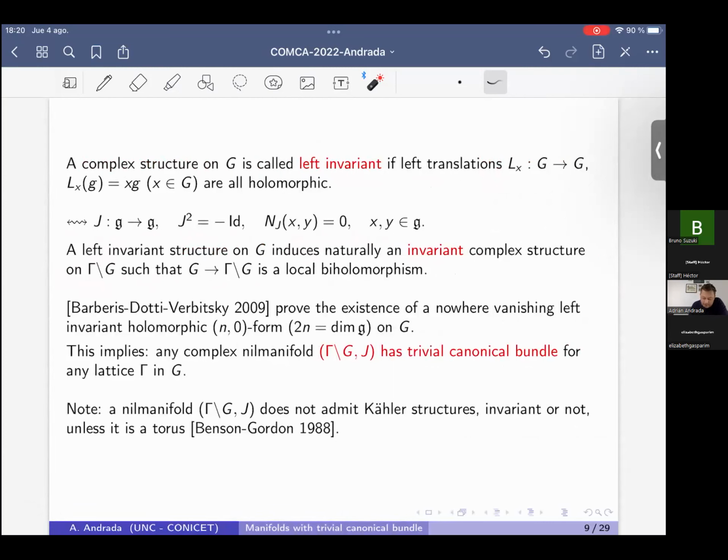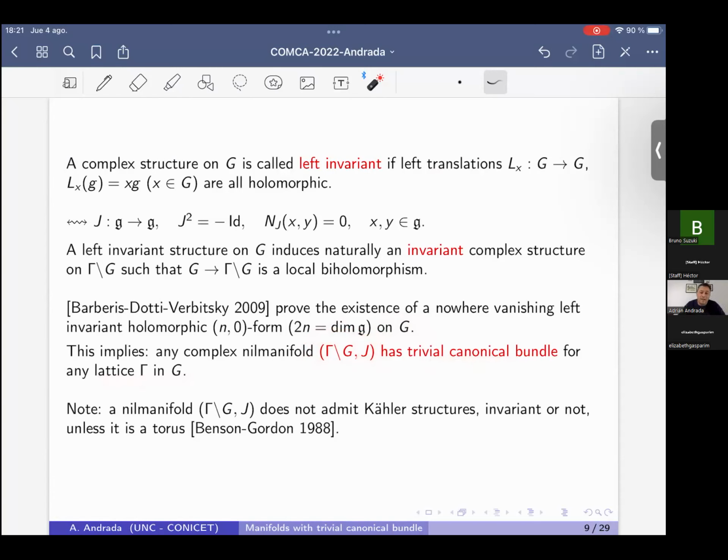And Barberis, Dotti, and Verbitsky in 2009 proved that there always exists a nowhere vanishing left invariant holomorphic n,0 form on a nilpotent Lie group with a left invariant complex structure. And this implies that any complex nilmanifold with this induced complex structure has trivial canonical bundle for any lattice that we take there.